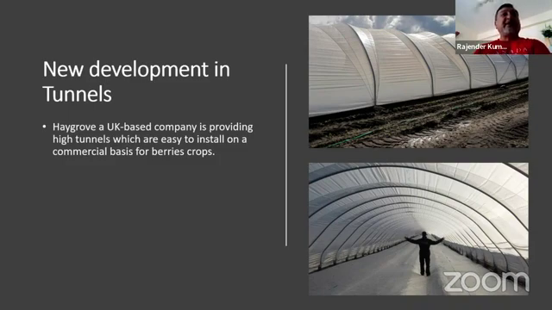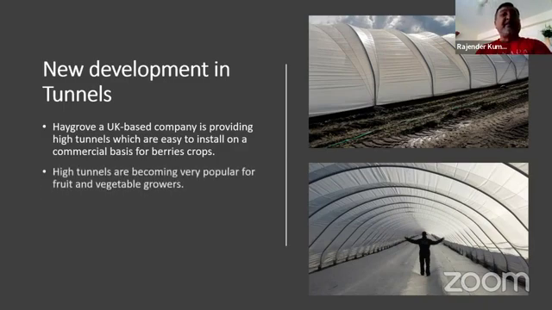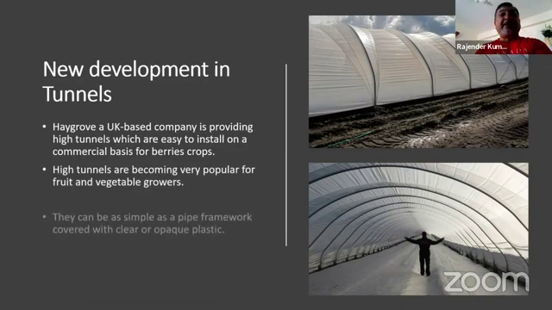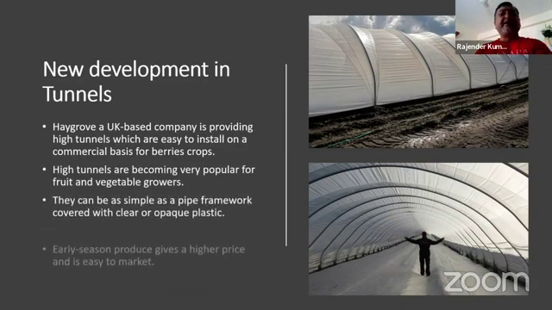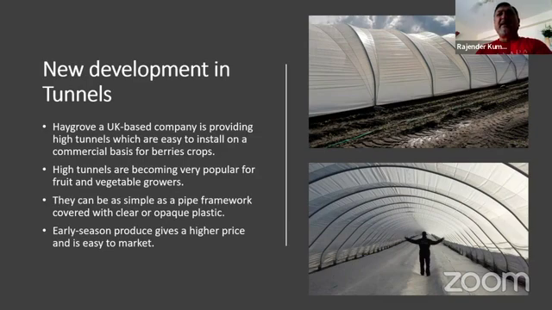One UK-based company called Hagro is providing these high tunnels, especially for berry and fruit cultivation, and some projects are coming up. It is simple to install, but still you need some skilled labor.